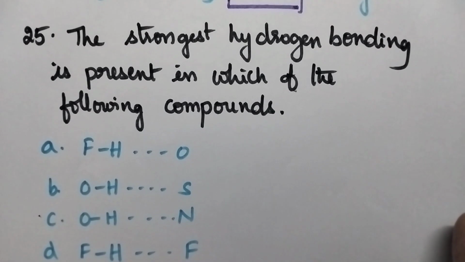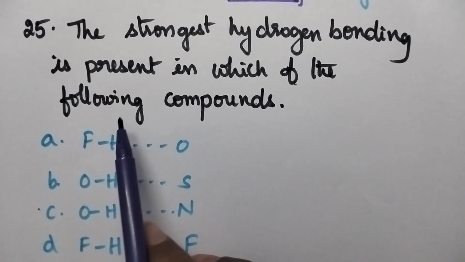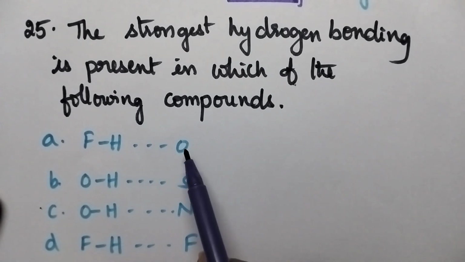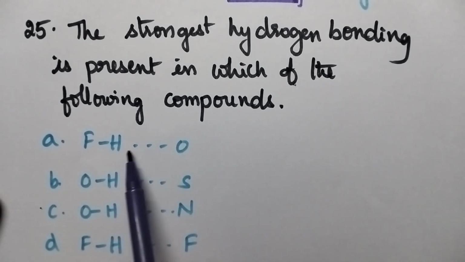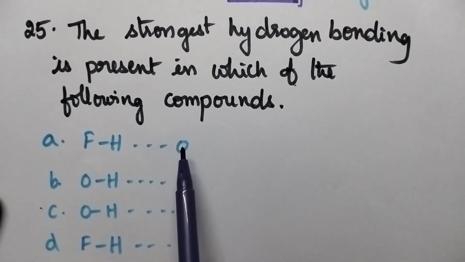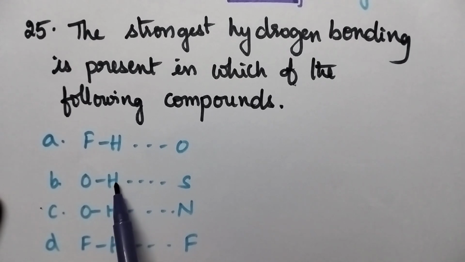The strongest hydrogen bonding is present in which of the following compounds? When you compare the given four options, in the first option, hydrogen bonding is present between hydrogen and oxygen. In the second compound, between hydrogen and sulfur. In the third option, hydrogen and nitrogen.